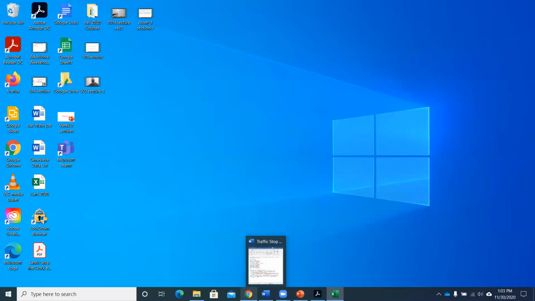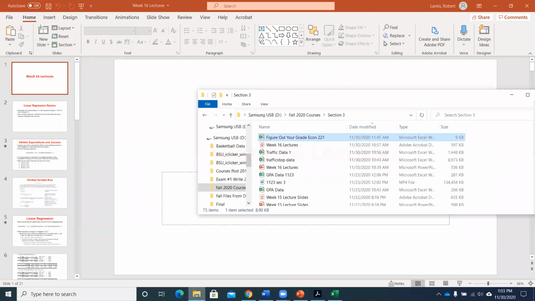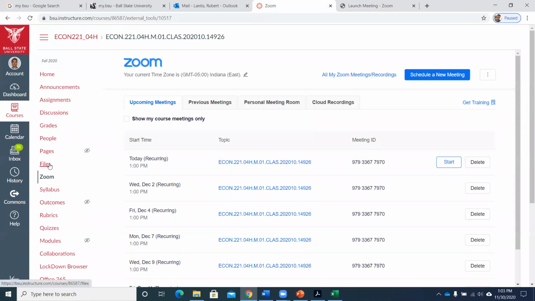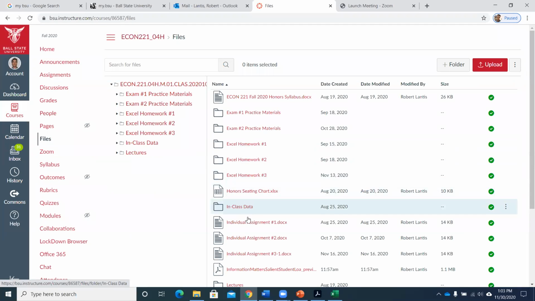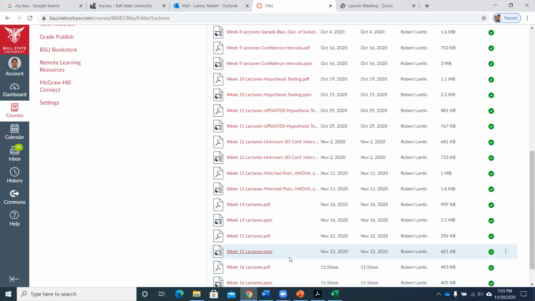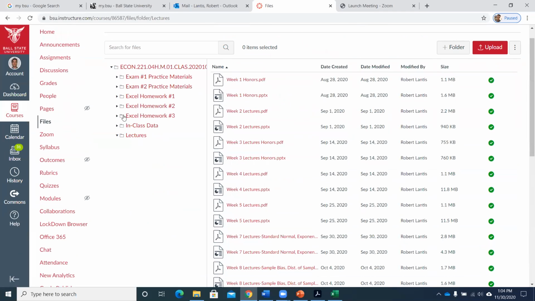And then I also put up the week 16 lectures on Canvas today as well. So if we're looking at our course, we go down here, I'll rename these. All these are linear regression, so I'll rename them so they specifically identify what types of subjects we're going over in these different lectures.